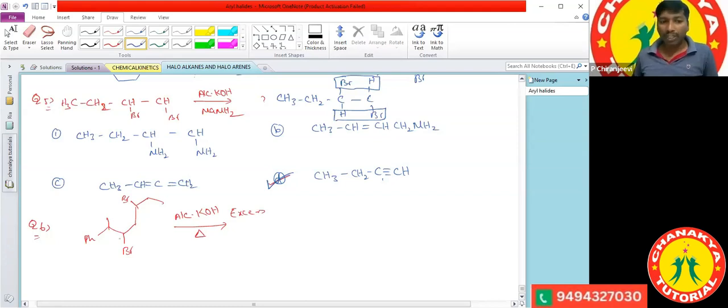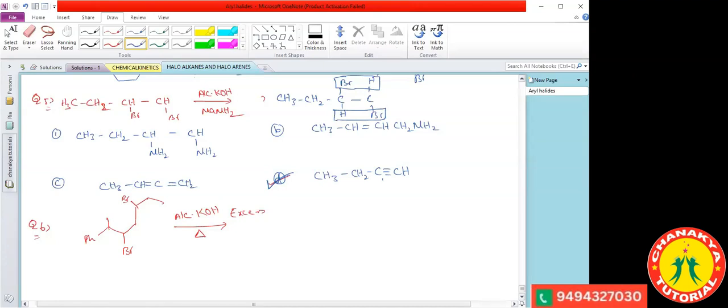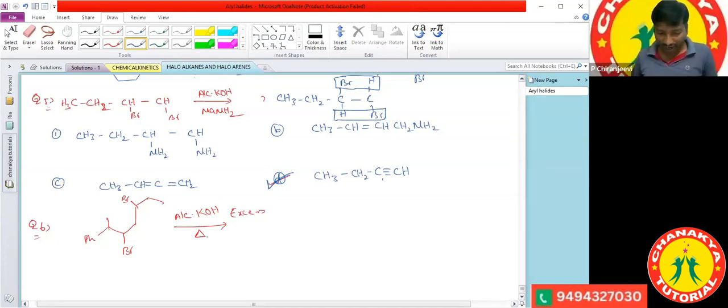Now, in this one, they had given excess of alcoholic KOH and a heat symbol. Sir, can I guess? So first I'll write the options, after that you can guess.